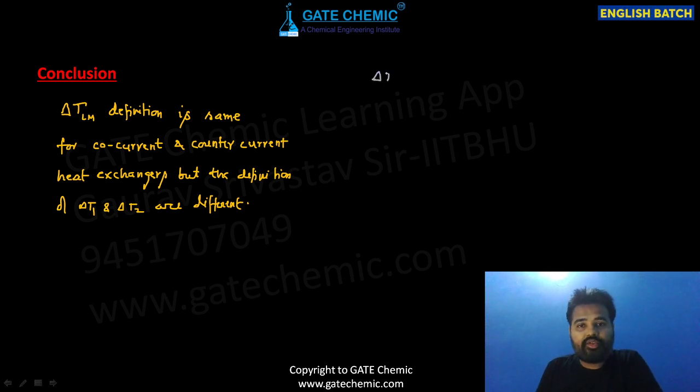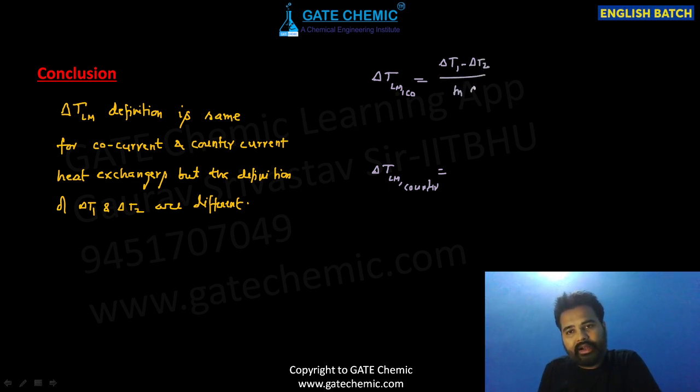Like here, if you want to write delta T LM co, or if you want to write delta T LM counter, then see their definitions beta. Here again you are going to use the same delta T1 minus delta T2 upon ln of delta T1 by delta T2, the same formula.